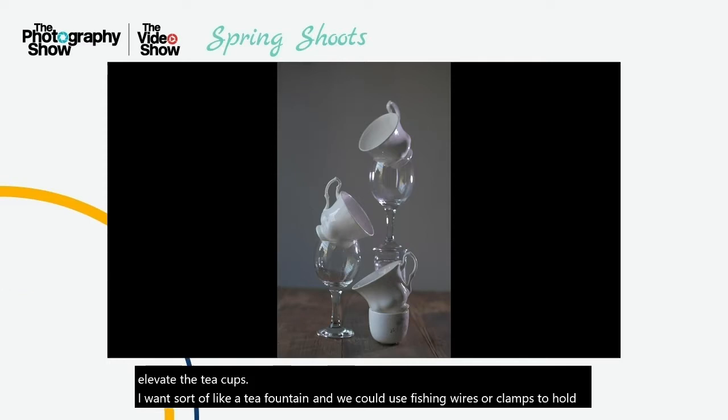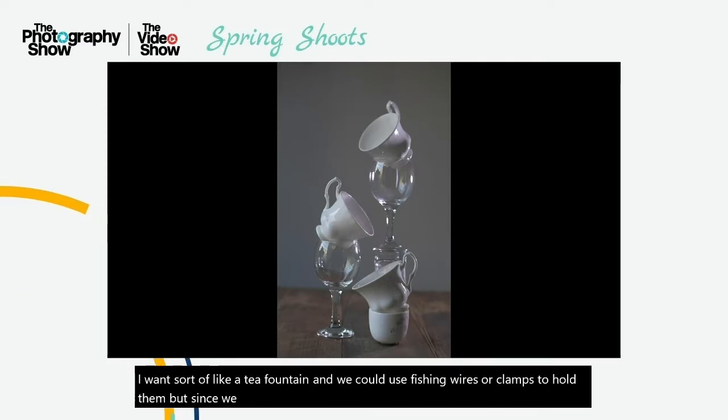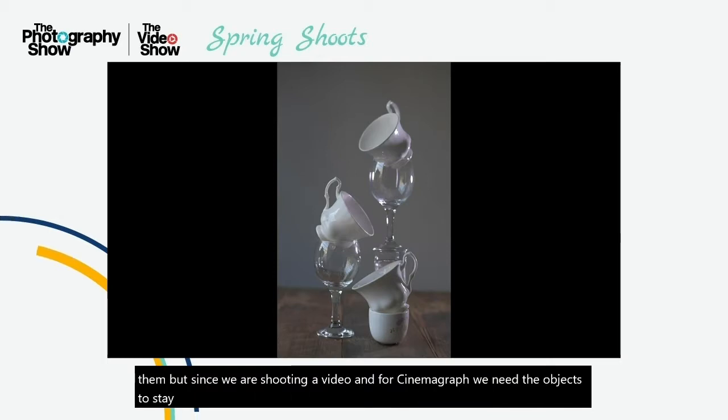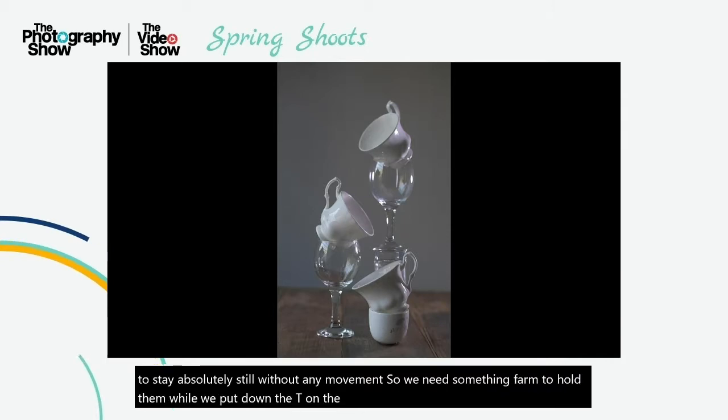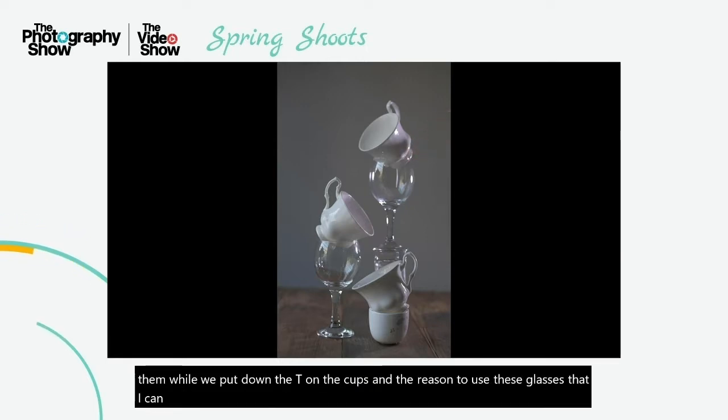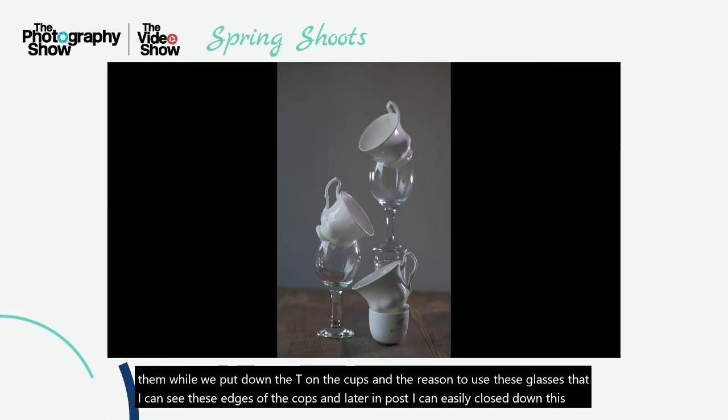But since we are shooting a video and for a cinemagraph, we need the objects to stay absolutely still without any movement. So we need something firm to hold them while we pour down the tea on the cups. And the reason to use these glasses is that I can see these edges of the cups, and later in post, I can easily clone stamp this part and make the cup levitate.